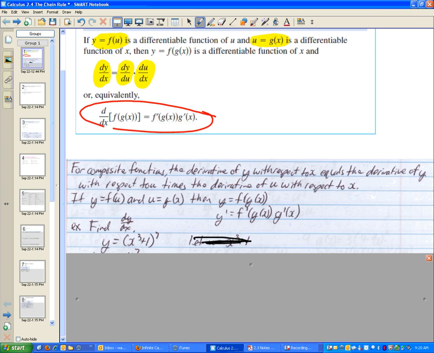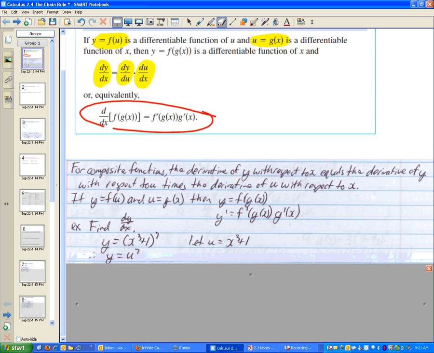Well, here's the better way. The chain rule says that the derivative of y with respect to x equals the derivative of y with respect to u times the derivative of u with respect to x. We need a u. Well, the u is the quantity. So u is x cubed plus 1. So we can think of y then as being u to the 7th.